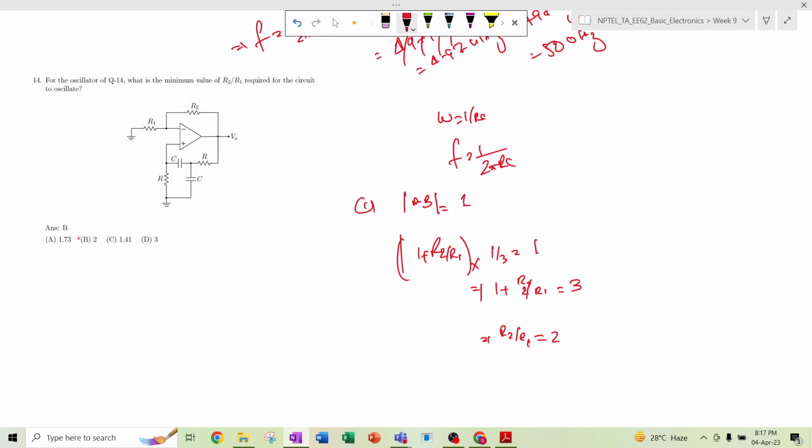The correct option will be option B. So the value of R2 by R1 should be 2 in order to oscillate. These are the two Barkhausen criteria, and only if both are satisfied will the circuit oscillate, or behave as an oscillator.